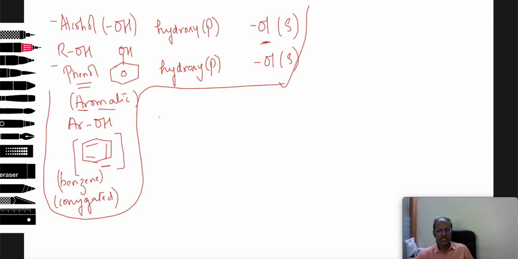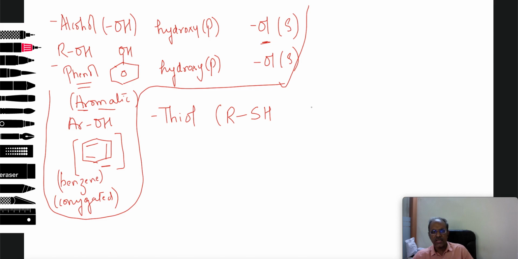Now there is something called thiol, which is R-SH. What is this S? This is sulfur. Thiol, right?